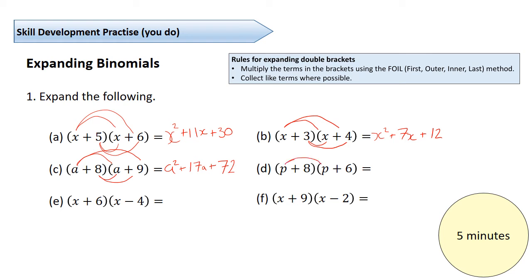First, outer, inner, last. p squared plus 14p plus 48. Now, some of you guys might be paying particularly close attention, might have started to pick up a bit of a pattern.